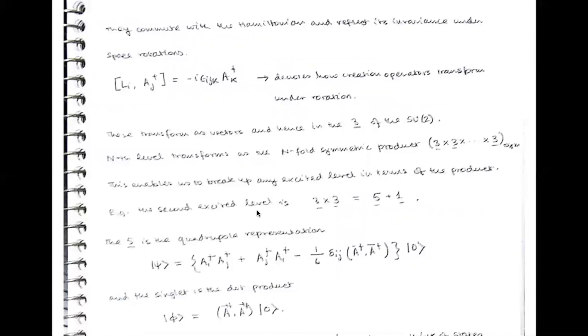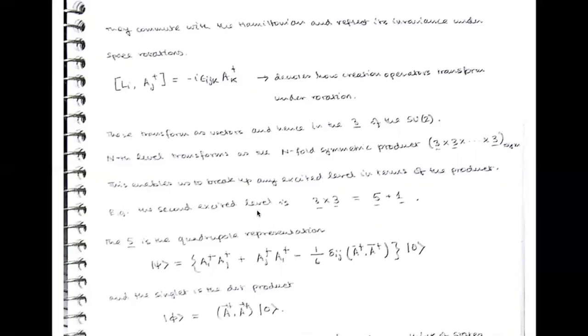They are going to commute with the Hamiltonian and reflect the fact that it is invariant under spatial rotations. If you look at how these L's act on the A daggers, this is going to again give you epsilon_ijk.